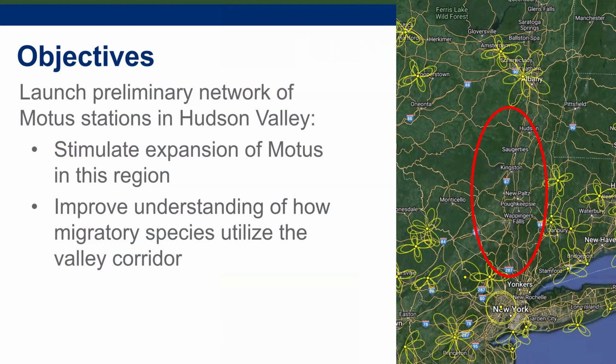And so the objective of forming a preliminary network of MOTUS stations in the valley was to try to stimulate expansion of MOTUS in the region, while also improving our understanding of how migratory species are utilizing the valley corridor, and in turn, inform us on how to better manage habitats for those species.